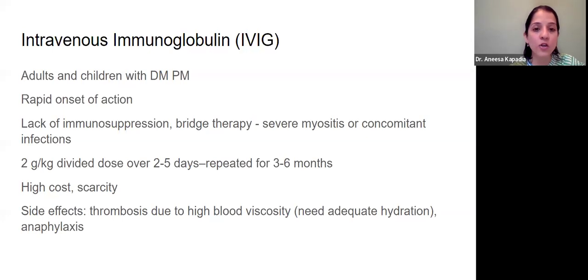But this being such a costly drug, in our Indian setup, this may not be possible. But we sometimes use it in an acute setup just to bridge the therapy before our immunosuppression starts working, or for example, if a patient has a lot of infection, before we can give them immunosuppression, we might have to use IVIG just to buy time till the antibiotics start working, and then we can give the immunosuppression of choice.